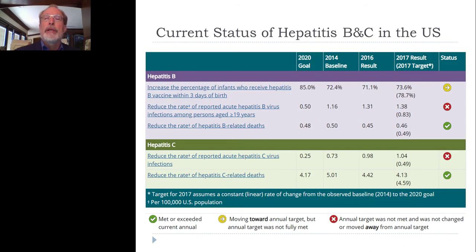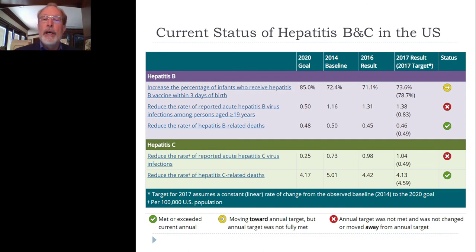What is the status of hepatitis B and C in the US today? Well, this is looking back a little bit, and also we're going to talk about looking forward. There is a goal for elimination of hepatitis B and C in the US by 2030, but we're not really on target, unfortunately.